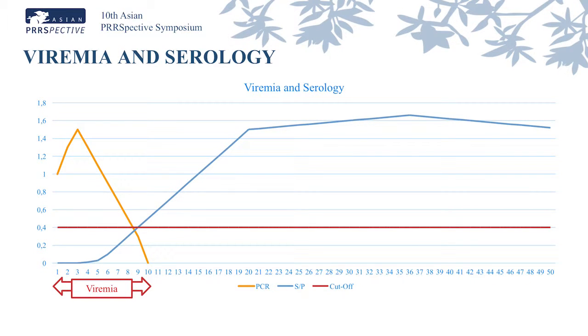So this is what viremia and serology look like when they're placed on the same graph. The pig becomes infected right here. We can detect it by PCR very quickly after the infection. The infection will peak and then gradually reduce to a point, perhaps at 10 days, sometimes, especially in younger pigs, even further out, that we'll be able to detect the virus in the serum.